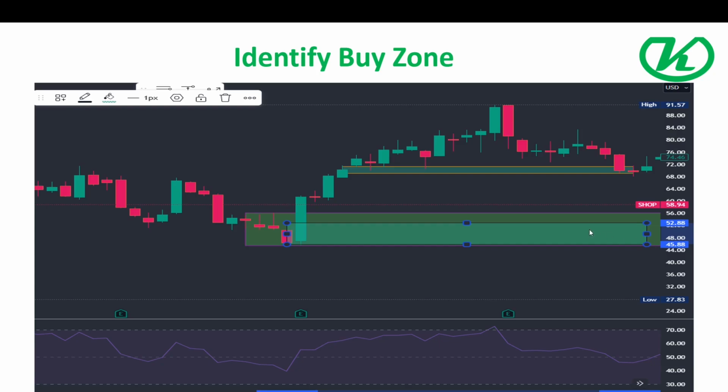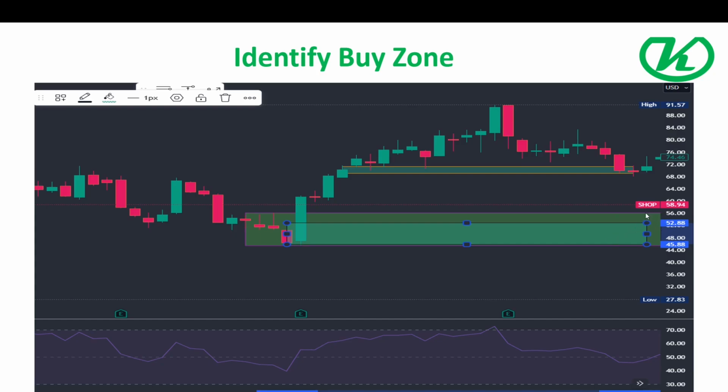If it's breached and price does come down close to $53, which is our weekly, then in that case we will be looking at buying the stock at $53. Okay, now that we know our buy point, we are looking at buying around, I would say, $56.50, a little higher than what our zones are.